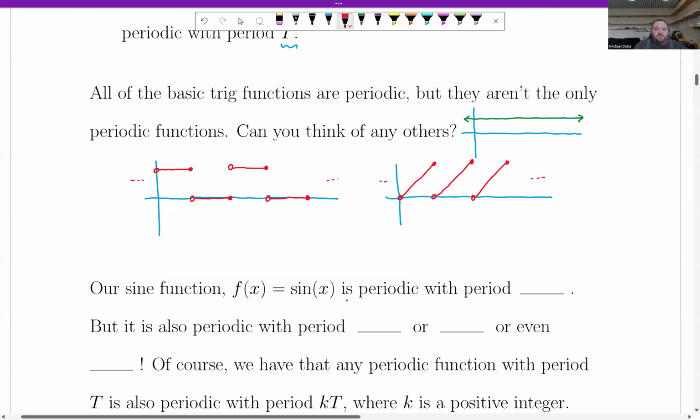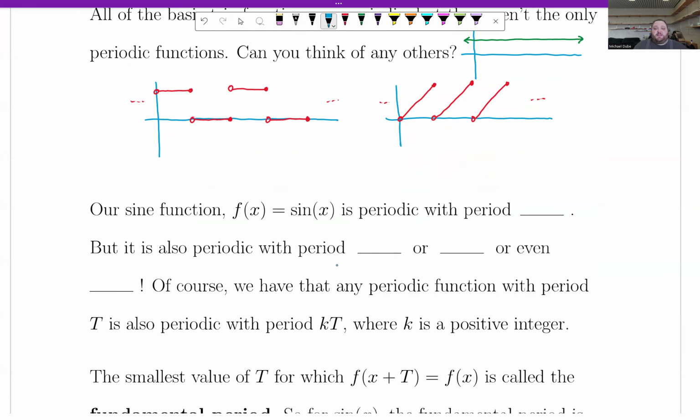Our sine function, f of x equals sine x, is periodic with the period 2 pi. But it is also periodic with the period 4 pi, or 6 pi, or even 496 pi, right?